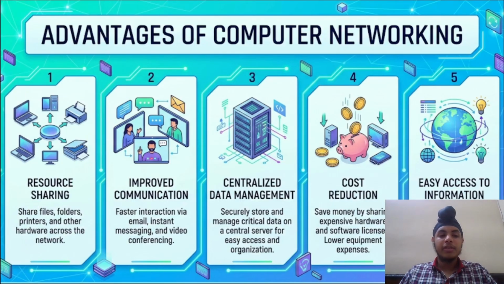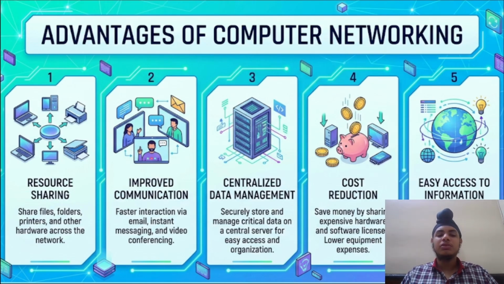Now we look at the advantages of computer networks. So the first one is resource sharing, as we already looked earlier. The second one is improved communication. We can easily communicate with Google Meet, Zoom meeting, WhatsApp, etc. Number three is centralized data management system. We can store our data on cloud easily and get the data later when we use it.